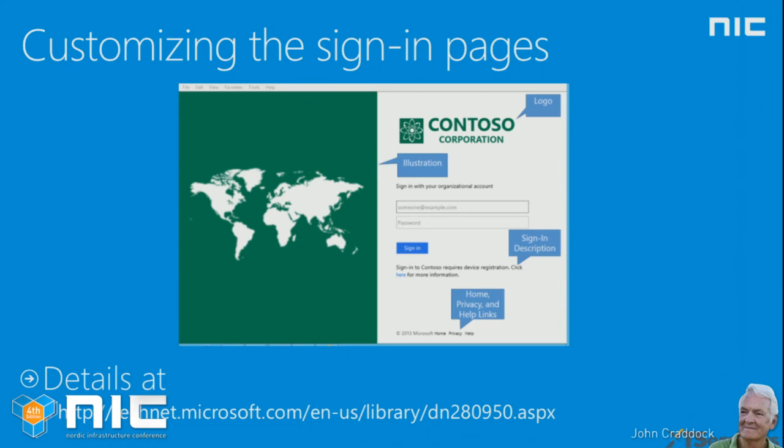Customization. Very easy to customize things. I put a link in there that gives you a location for finding out about customization. The simple customization you can do just by putting in additional information into a file. You can do complete customization if you want to use the ADFS SDK, so the software development kit.